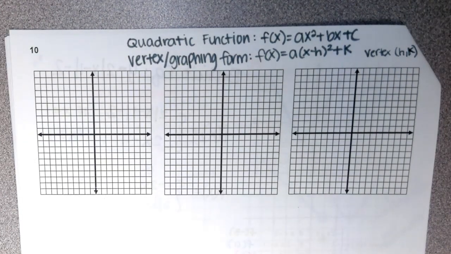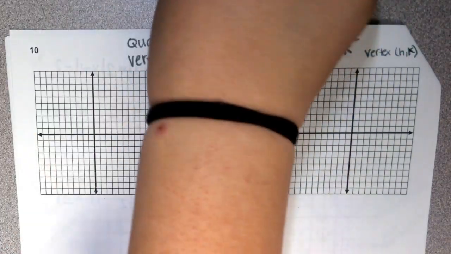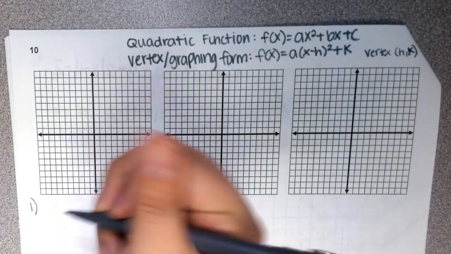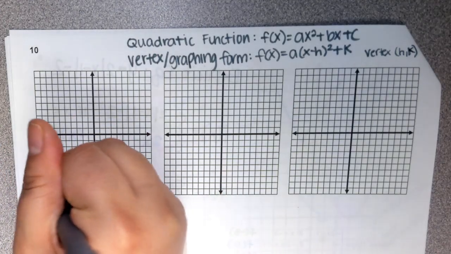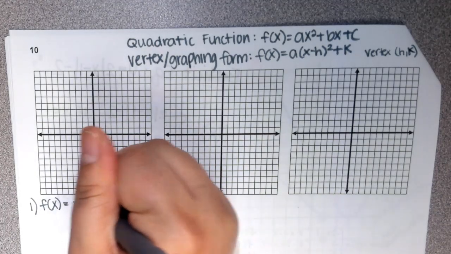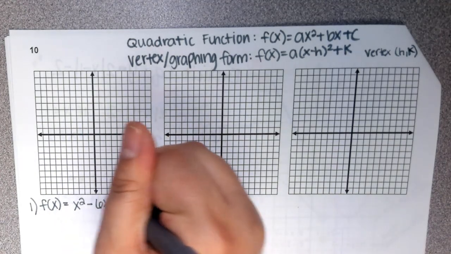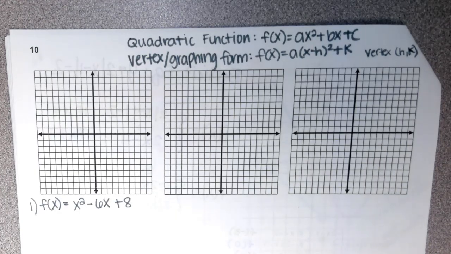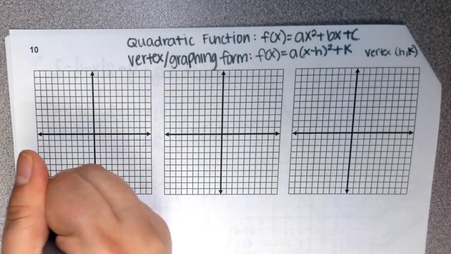So we're going to do 3 examples of changing our standard form into vertex form. How do I change a standard form equation of f of x equals x squared minus 6x plus 8 to vertex form? We're going to complete the square.